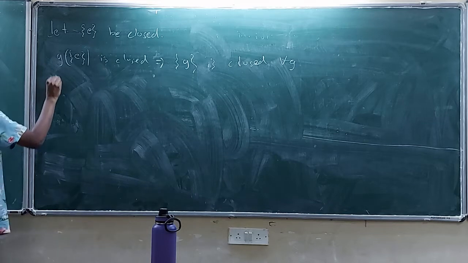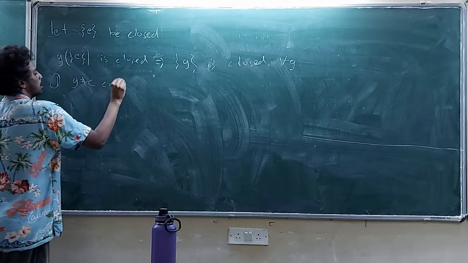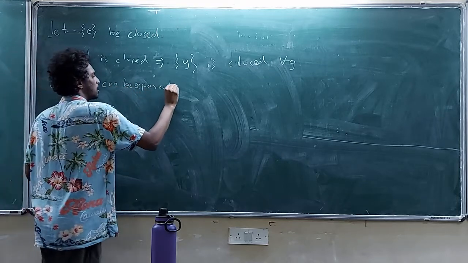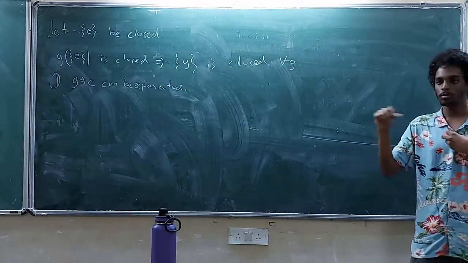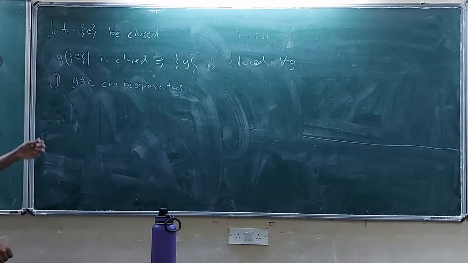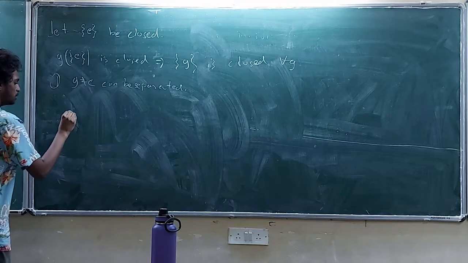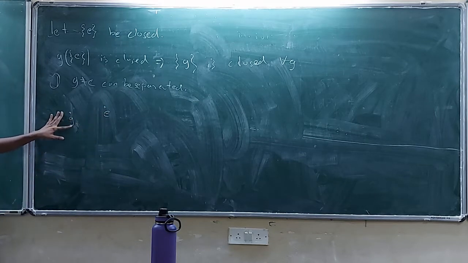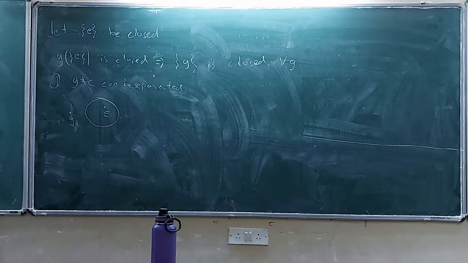Separated means there are disjoint open sets that contain each point. Since {g} is closed, let g be this point and let e be this point. Since this set is closed, there exists an open set containing e that does not contain g.